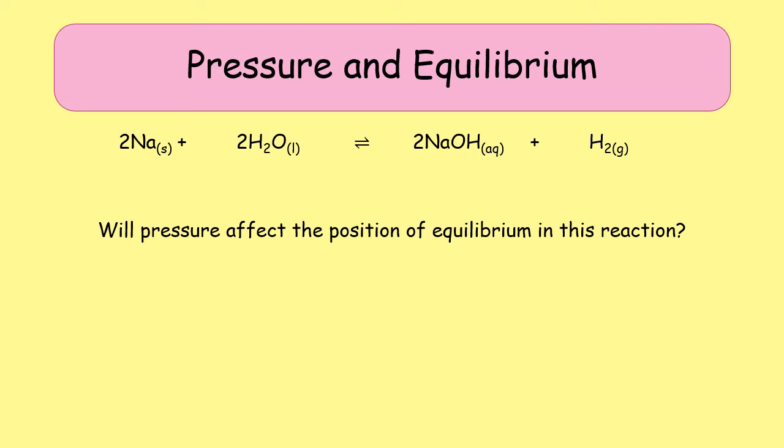We have 2 moles of water liquid. That gives us 0 moles of gas. On the right-hand side, we have 2 moles of sodium hydroxide aqueous and 1 mole of hydrogen gas. That gives us 1 mole of gas on the right-hand side.